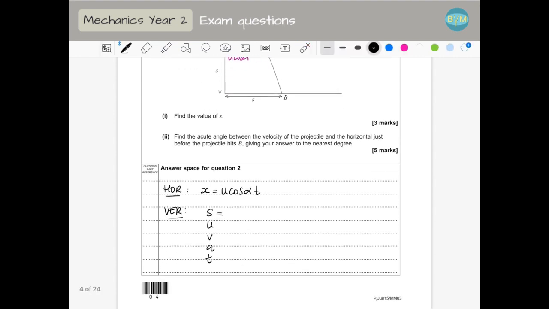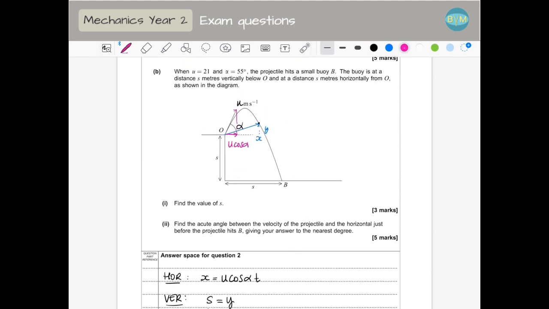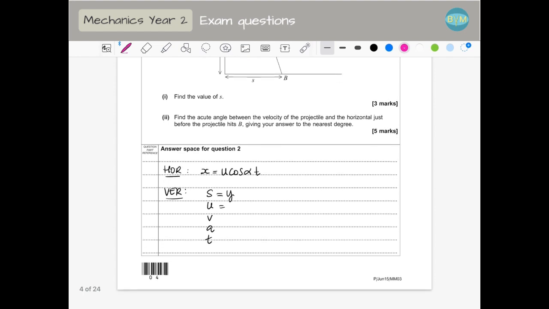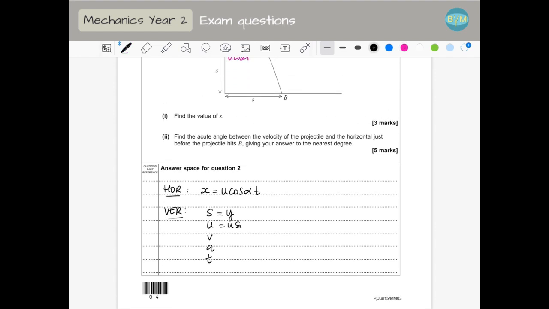The initial velocity is the vertical component of the velocity, so this is u sine alpha. I'm considering this positive. Velocity, we don't need it. Acceleration is going to be minus g because we say it's positive upwards. And for time, let me write a SUVAT equation with s, u, a and t.